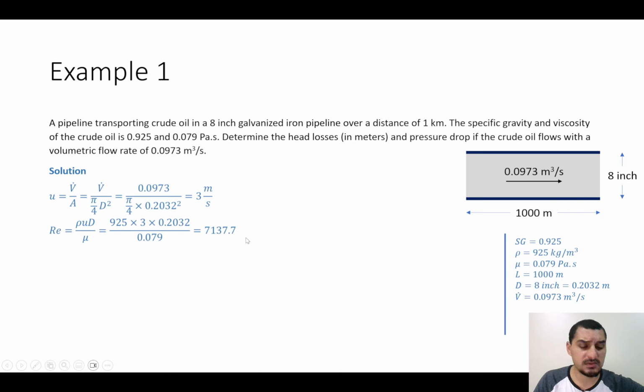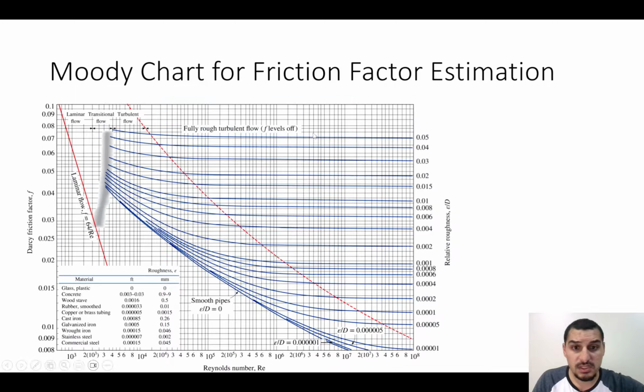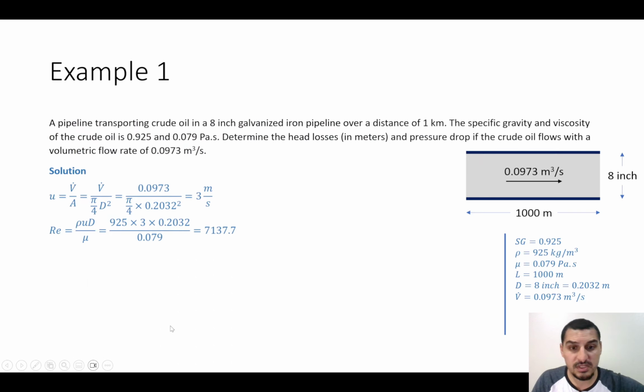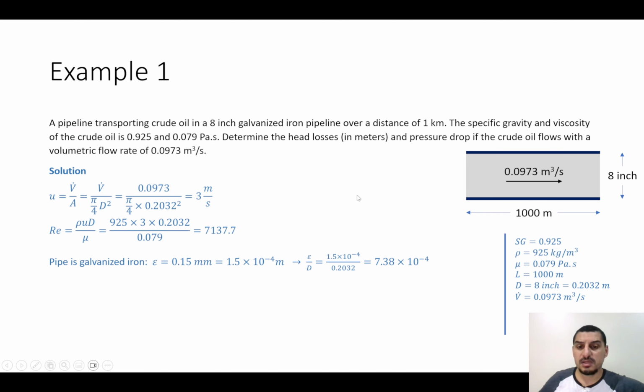We want to calculate the relative roughness, so we need to calculate the surface roughness. This is galvanized iron pipeline. So if we go to the table, it says here galvanized iron has a roughness of 0.15 millimeters. So if we go back to here, we'll convert this into meters by dividing by 1000, and from this we calculate epsilon over d.